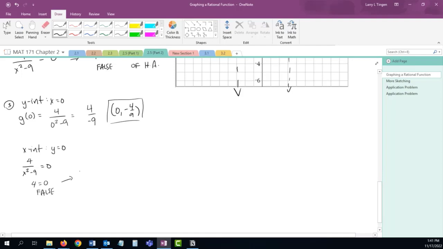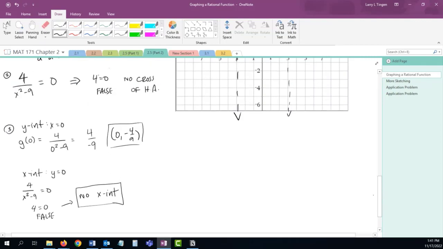So that means that there's no x-intercept. It just so happened that the horizontal asymptote is 0, and so when I find the x-intercept by letting y be 0, I end up with the same result. I never cross the horizontal asymptote, and I never have an x-intercept.